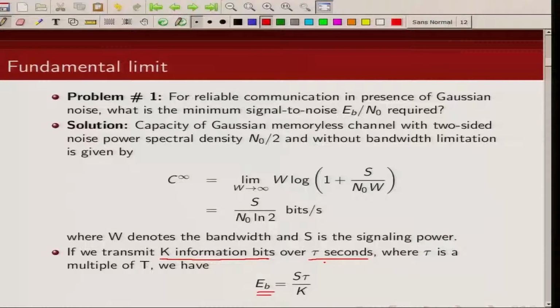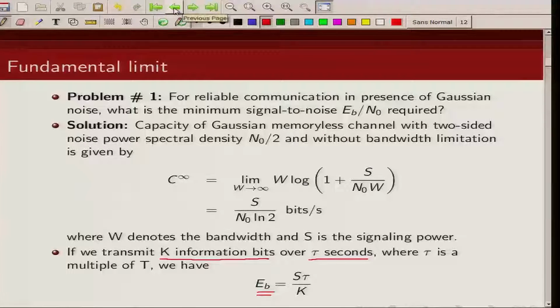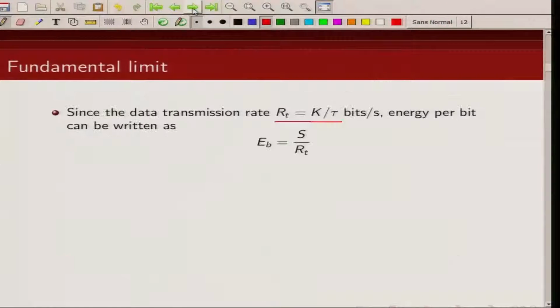Because we are transmitting k bits over time tau, our transmission rate is k by tau bits per second, which is R of t.